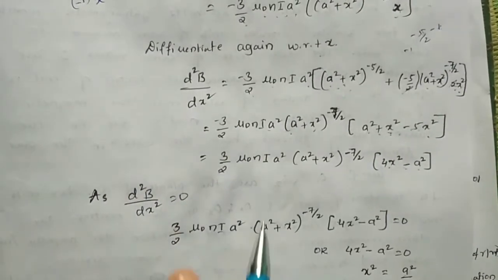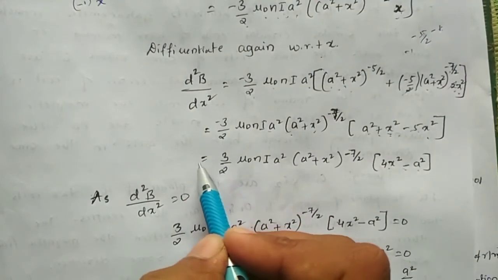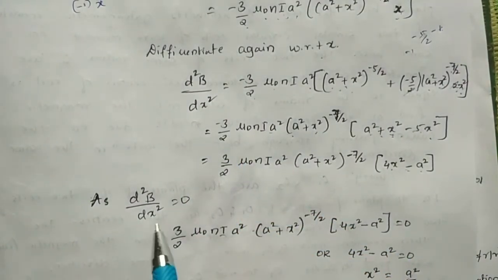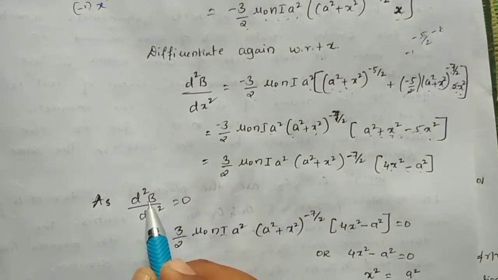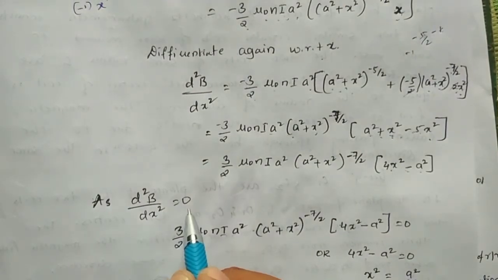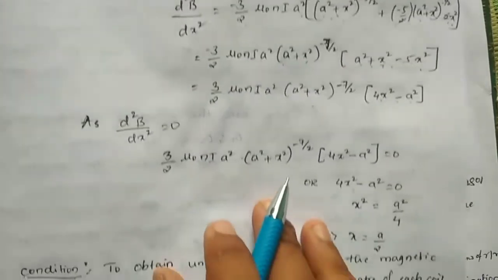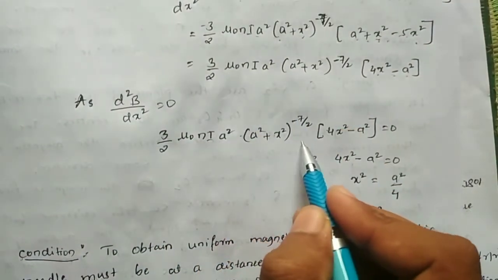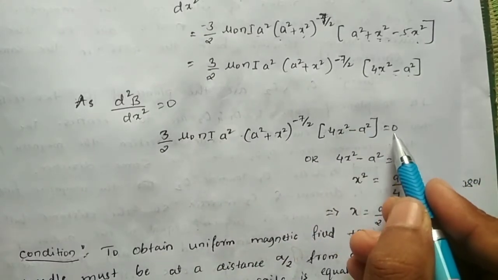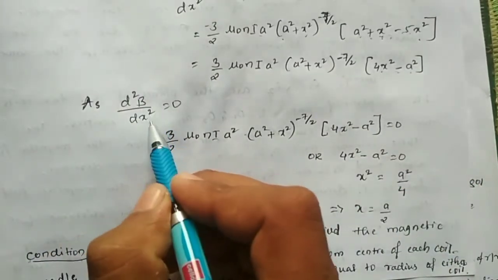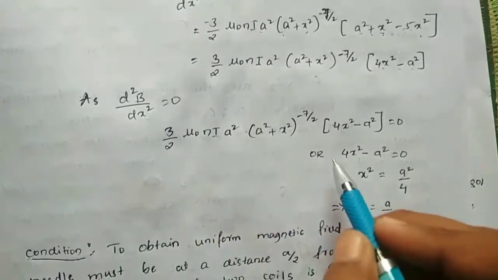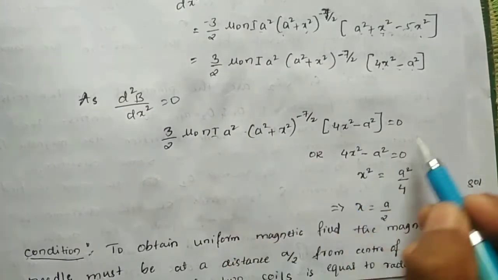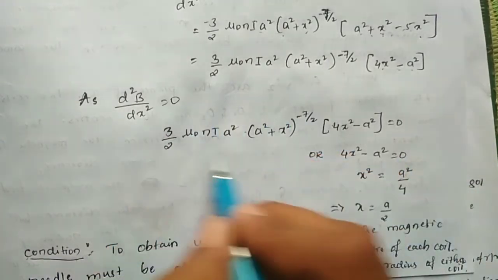As we know that this is the second differentiation, initially we discussed that the second differentiation d square B divided by dx square equals 0. So next you take 3 by 2 this term as it is, equal to 0 because d square B divided by dx square equals 0, or for this term comes here, at that time this whole term will be 0.